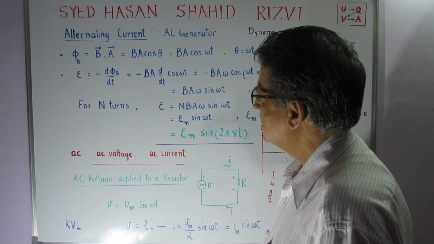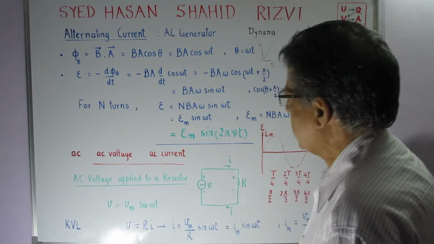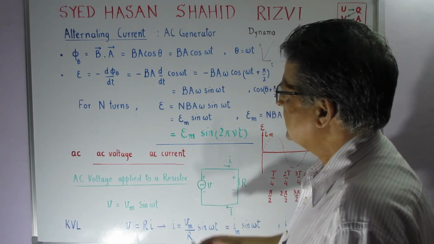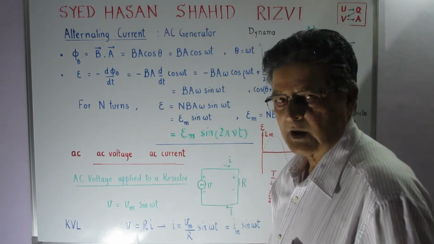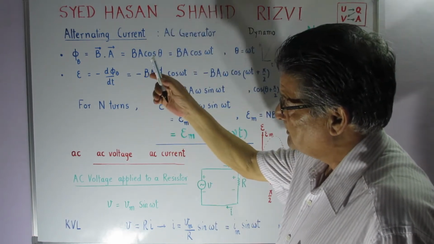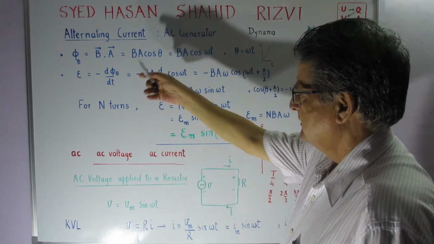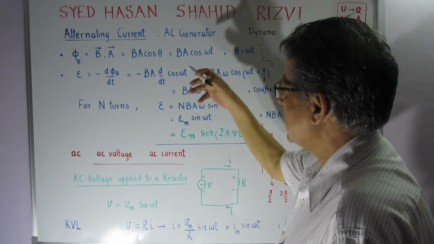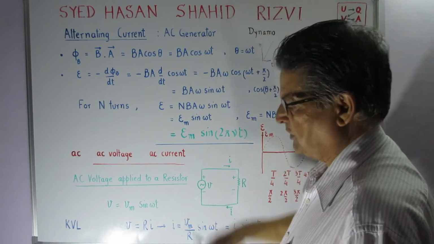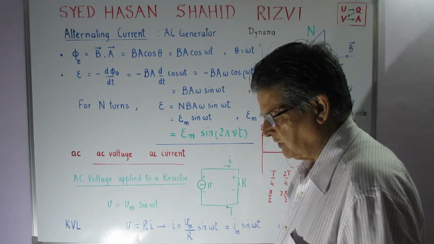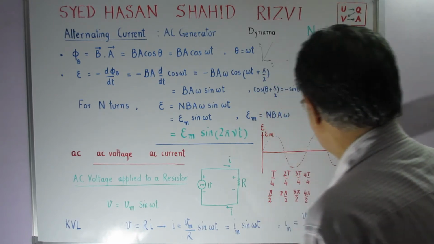In our case, I must tell you one thing before I explain this: here we have B and A. We can change B, we can change A, and we have preferred to make a change in the value of theta by this relation.